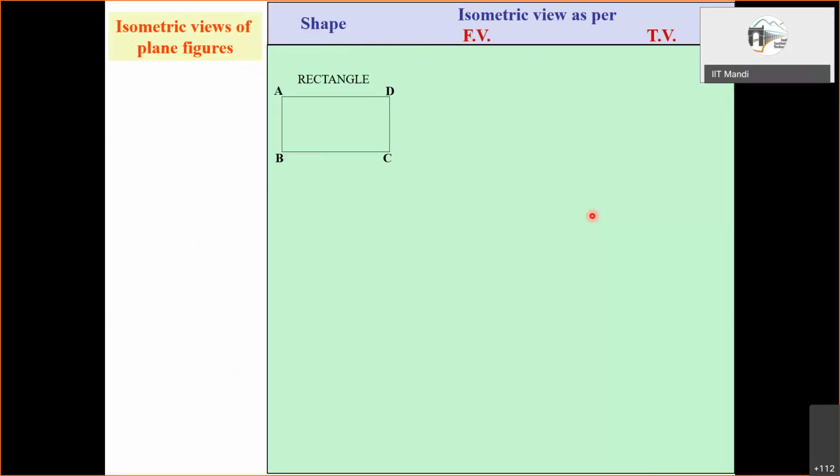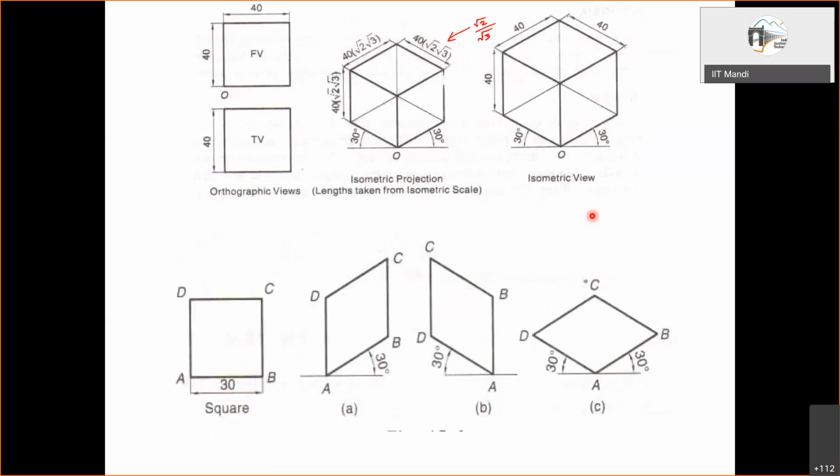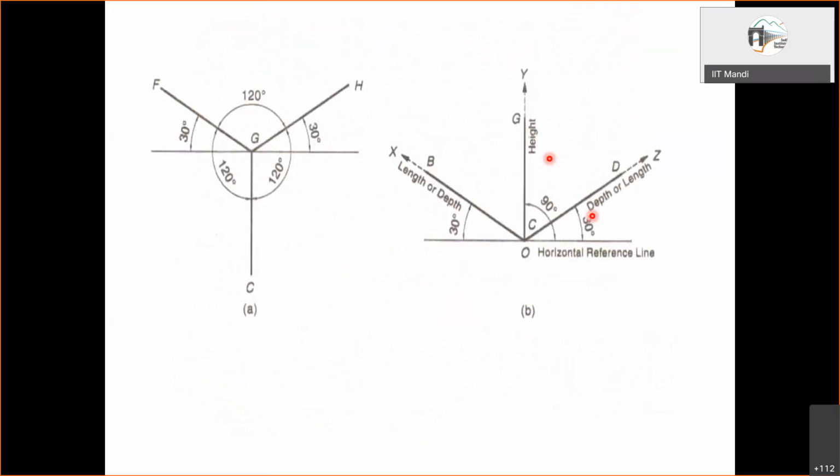Then we already know that for the front view configuration, we'll have one vertical axis, right? Isometric axis we have discussed, no? So for isometric axis, what you'll have? One vertical, this incline, this incline. So here we'll have height, OG is height, O2D either will be length or depth, just a change of orientation, and the same goes for this. So any length or depth is to be at a 30-degree inclined line, and height will be vertical, right?